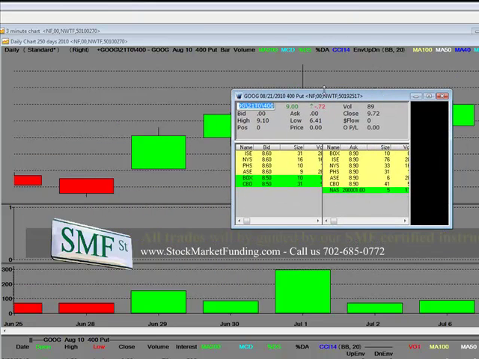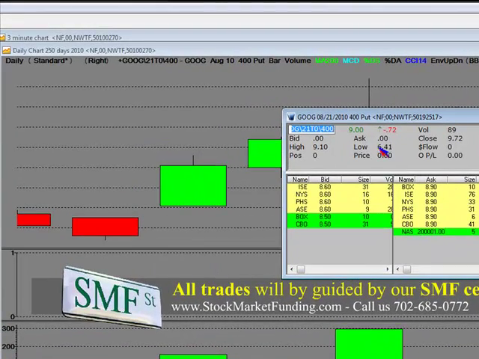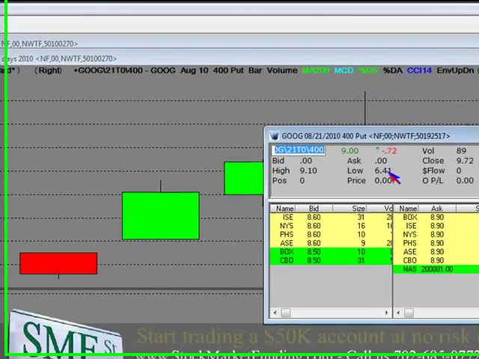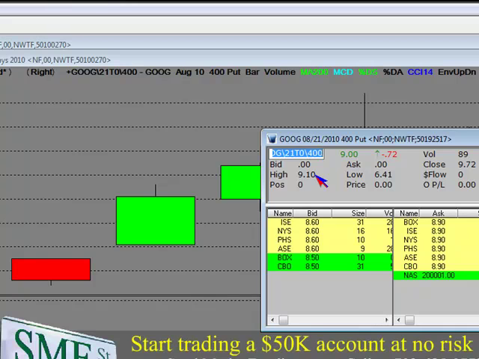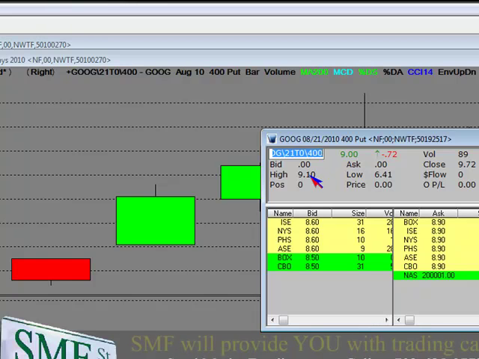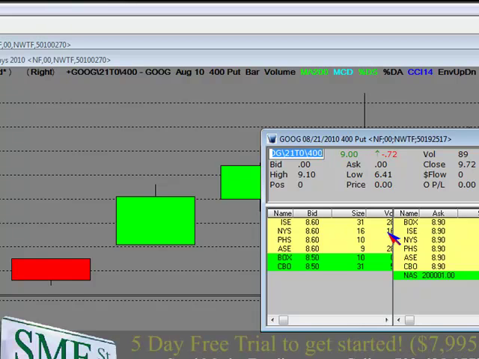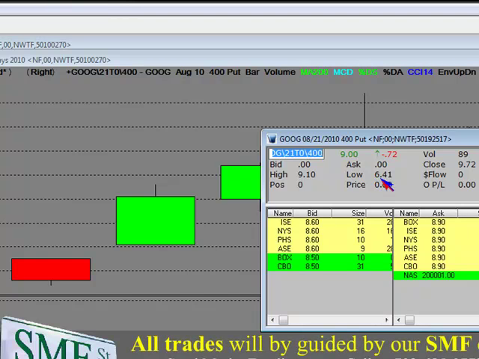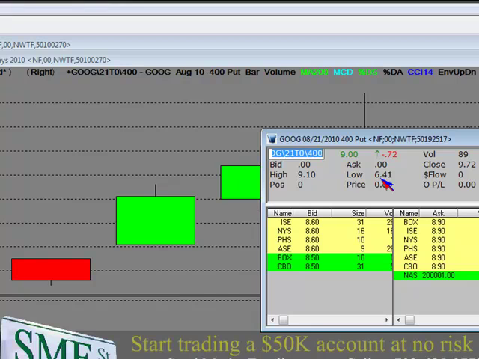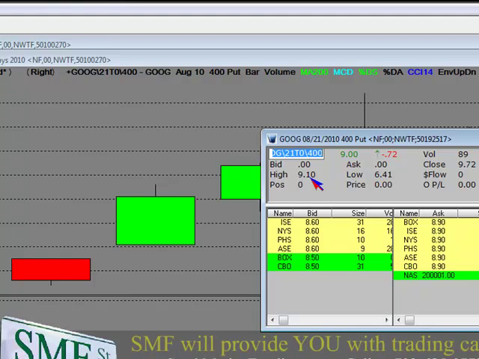When it fell $10 off its intraday positive high, that's what it took to get that $400 put to move. So when you have that $10 that evaporated out of the stock yesterday and went into slight negative territory, you have the reality of that full top-down movement to populate that $6.41 price movement up to the 9.10 highs.